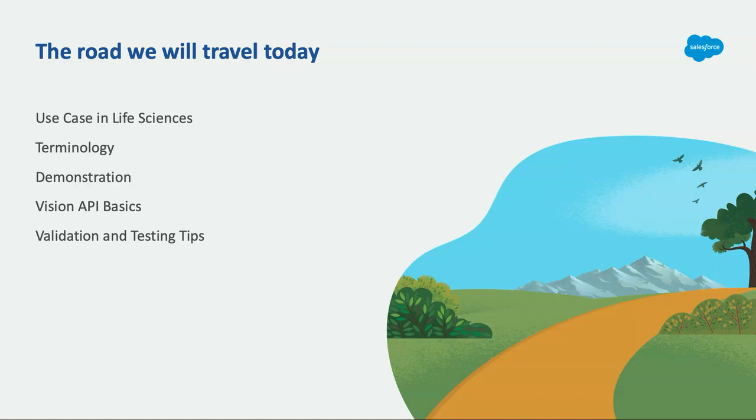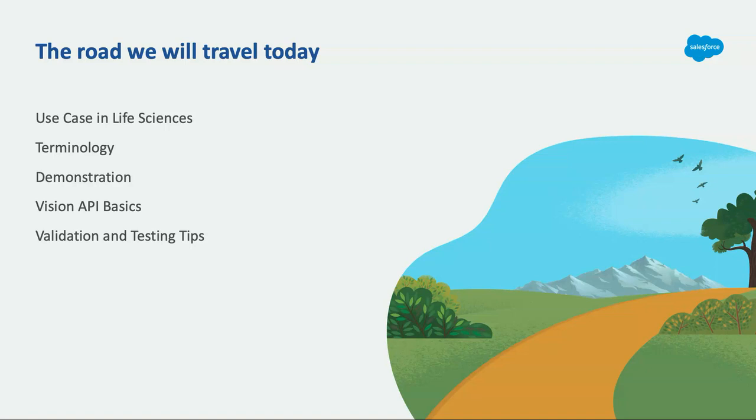So what are we going to do today? What's the road we're going to travel? I'm going to walk you through a use case for Einstein Vision in the life sciences arena. I hope that you enjoy it. It's one that I'm very familiar with and very fond of because I know the challenges of that particular process without a tool like Einstein Vision in place.